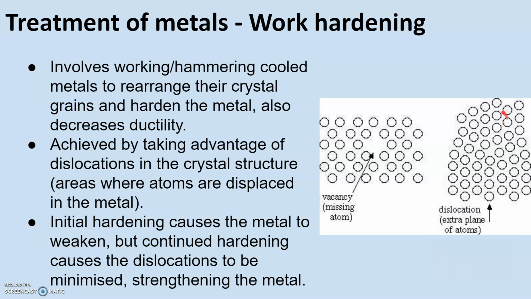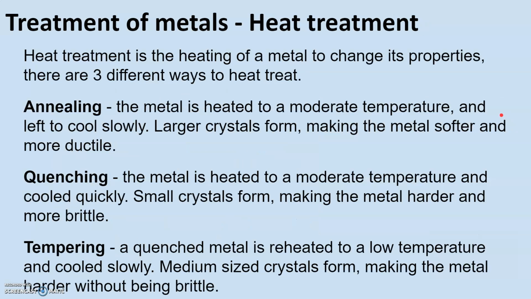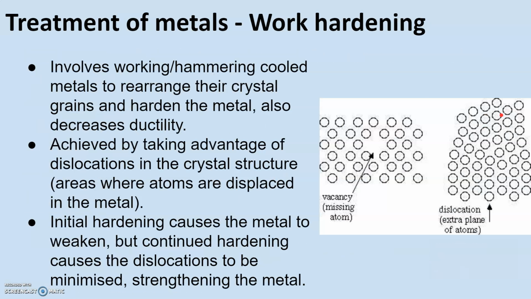And we can see that those particles become closer together and we increase the regularity in our crystal lattice. And therefore it hardens the metal, decreases its ductility because we're reducing the gaps in between that lattice structure.